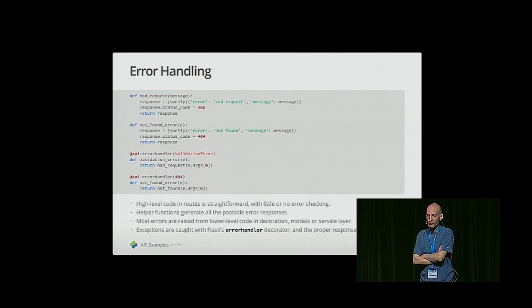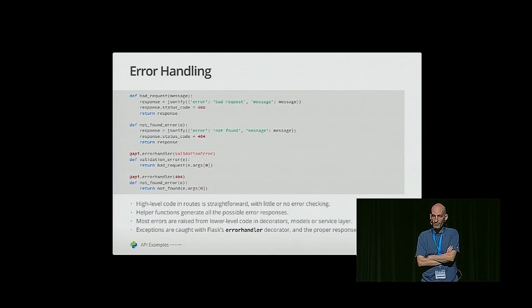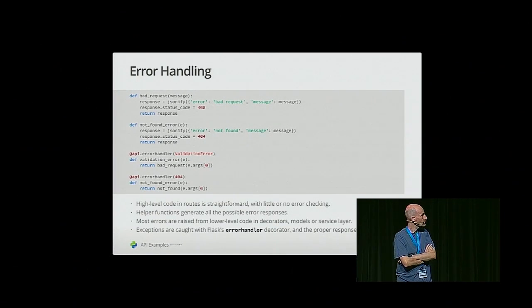Which brings up the topic of error handling. If I just do what I did in the previous slide, then Flask will find an exception. It will not know how to handle it, so it'll return a 500 error to the client. But I don't want that. So I create handlers for all my errors. If you look at the bottom two of those 4 functions, those use a decorator from Flask called error handler.